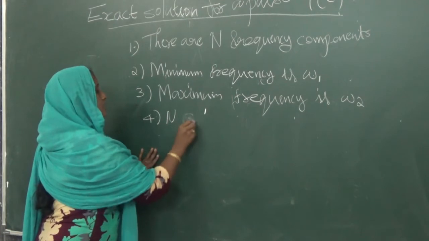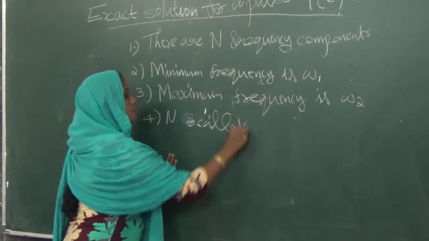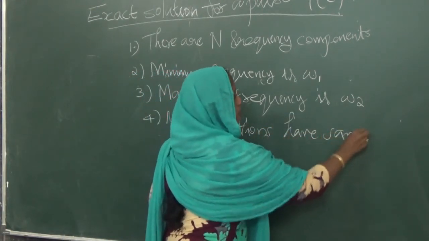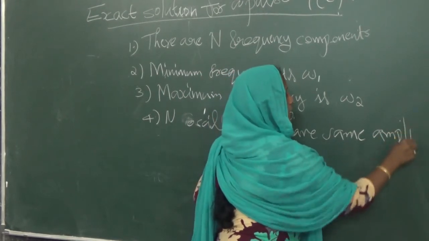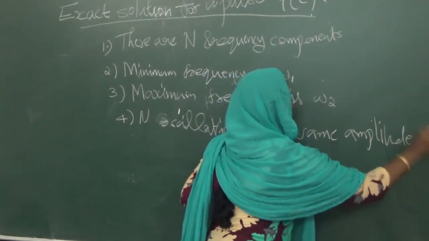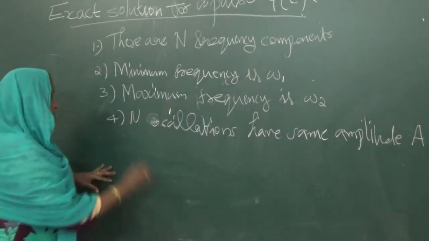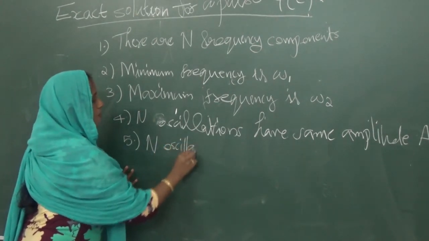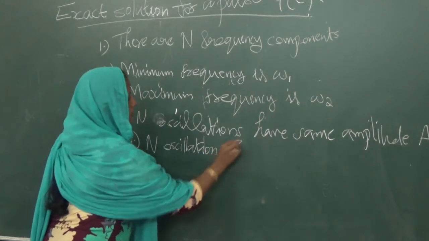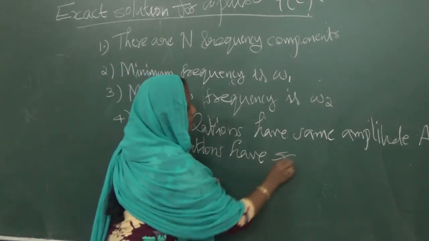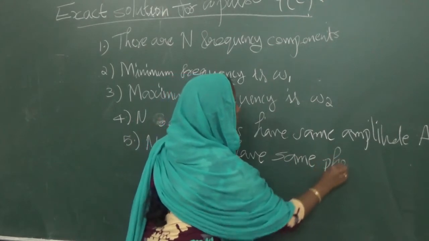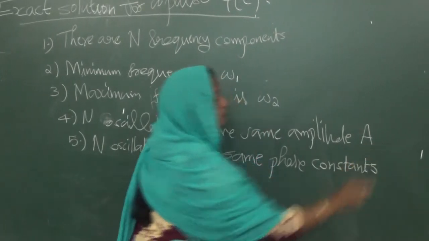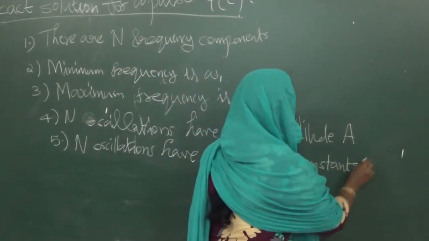These n oscillations have the same amplitude A, and these n oscillations have the same phase constant, that is, let it be 0.